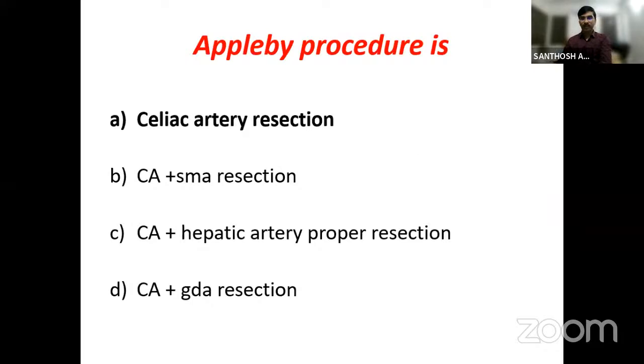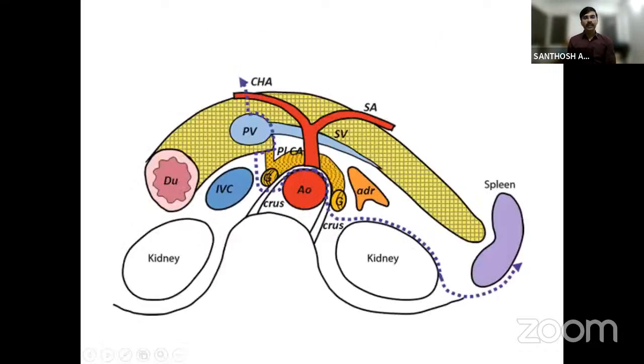So what was Appleby procedure? It originated particularly in proximal stomach malignancies, in which it was infiltrating into the left gastric artery either directly or through the lymph nodes and surrounded the celiac artery. But the important thing is the origin of celiac artery from the aorta was not disturbed.